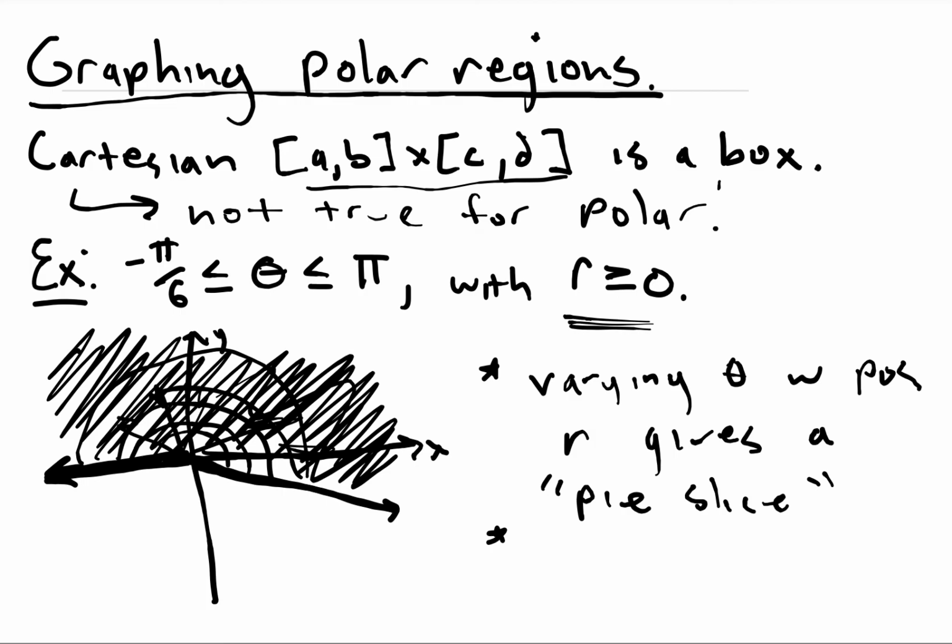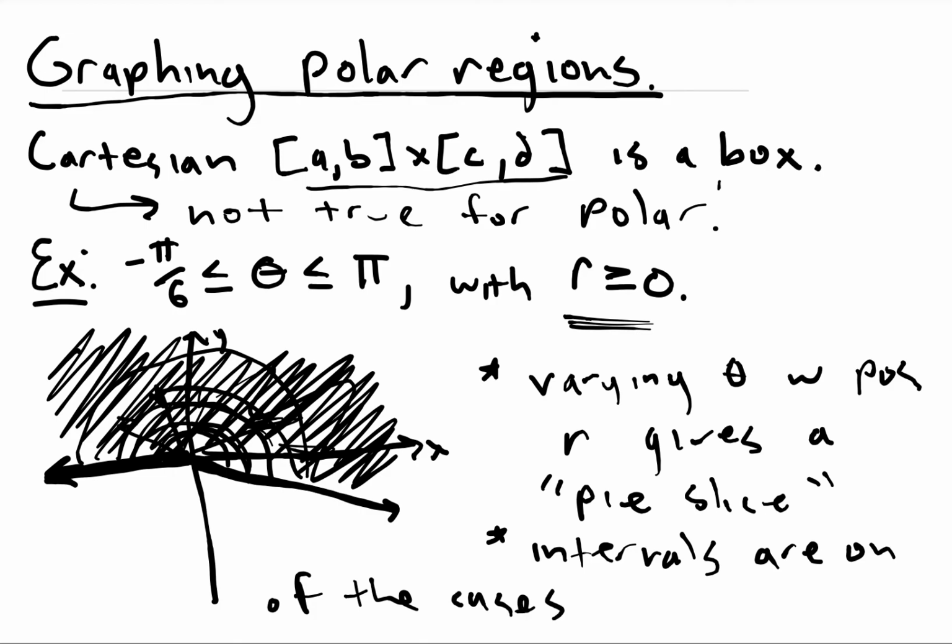But if you're trying to keep a continuous interval like this, it's probably one of the rare exceptions. Trying to keep intervals continuous and in one piece is one of the few cases that will okay these negative values for theta.